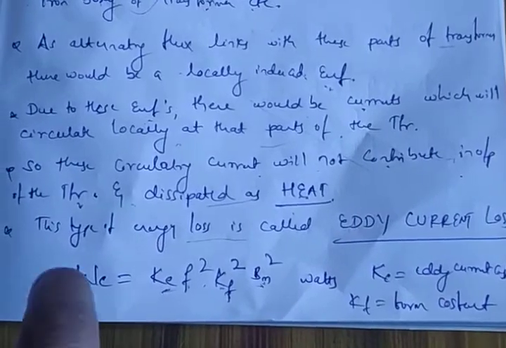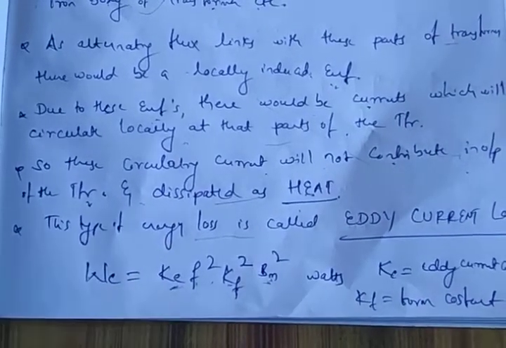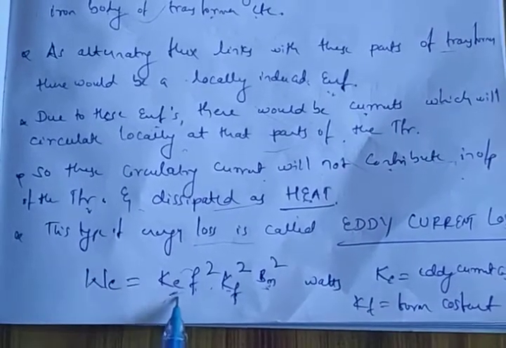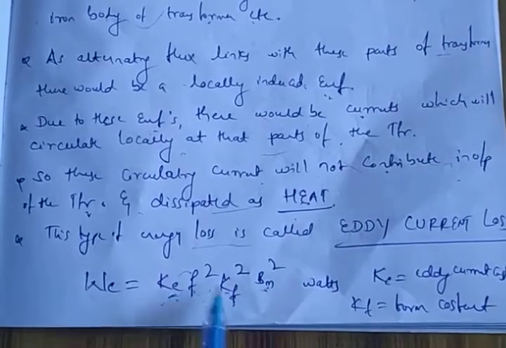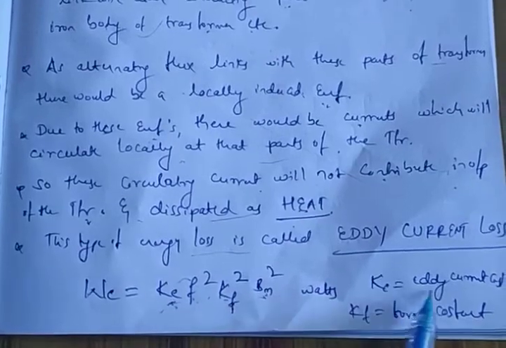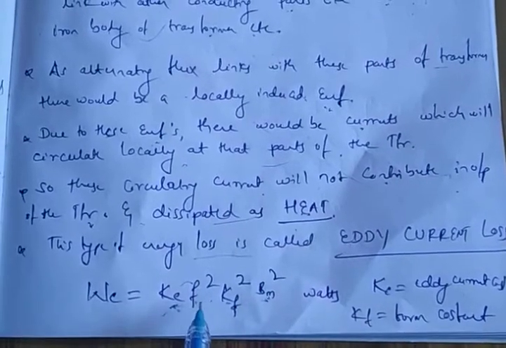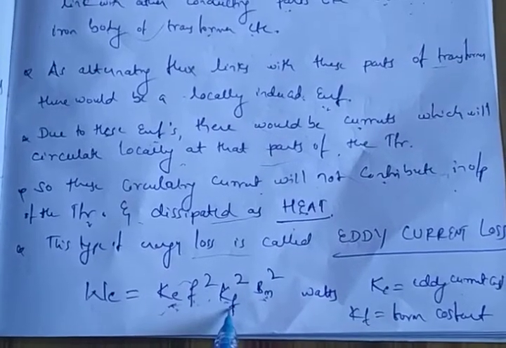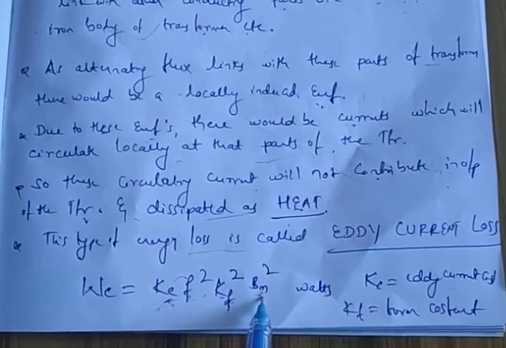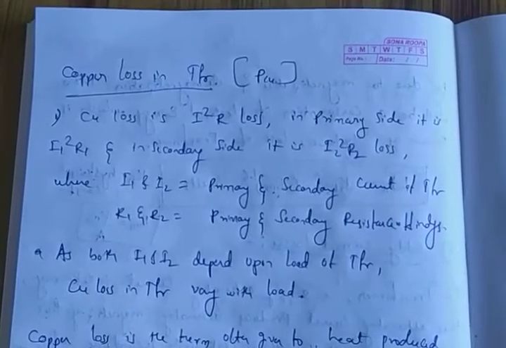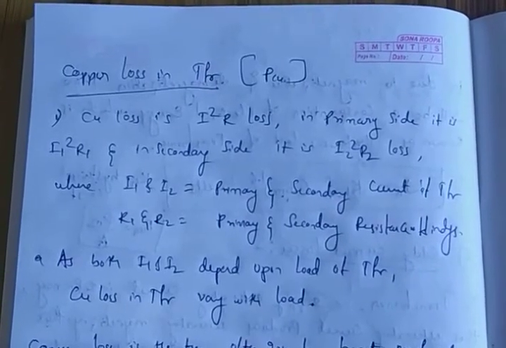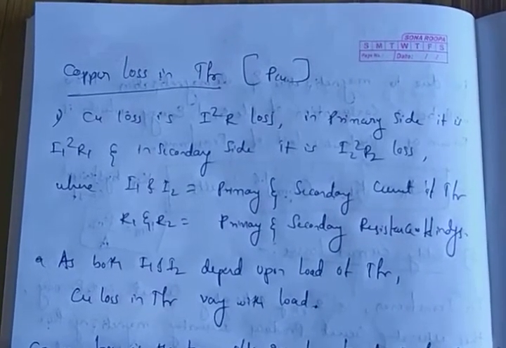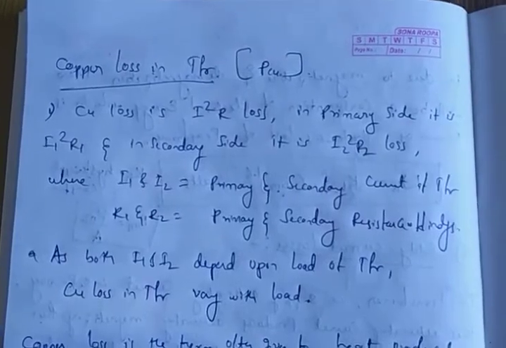The eddy current loss is given by K suffix E into F square into Bm square into Kf square. Ke indicates the eddy current constant, F is the frequency, Kf is the form constant, and Bm is the flux density.